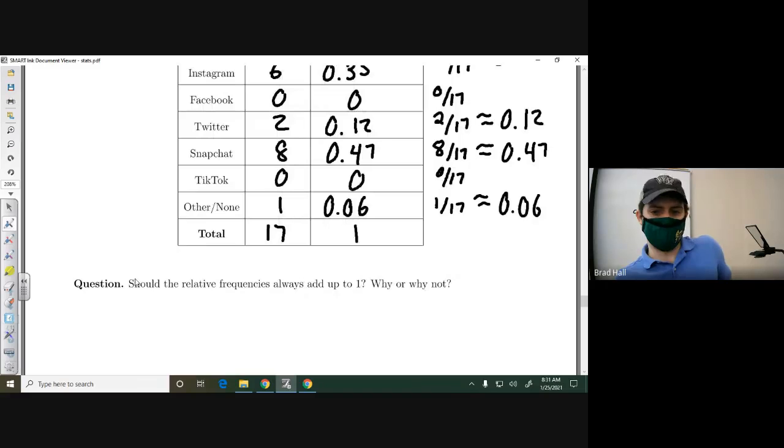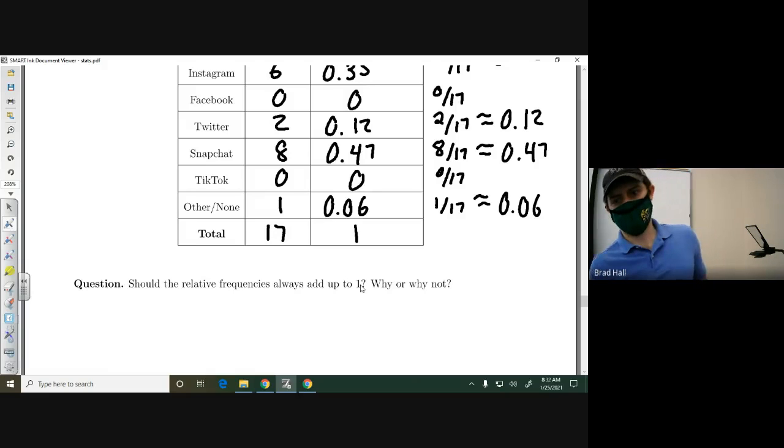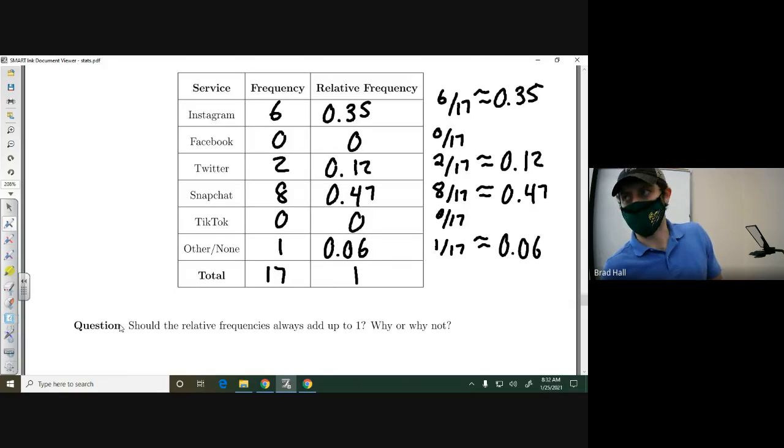And then a question: should the relative frequencies always add up to 1? Was that a coincidence or was that not? Does anyone have any idea? The relative frequency. Say that again, I'm sorry.